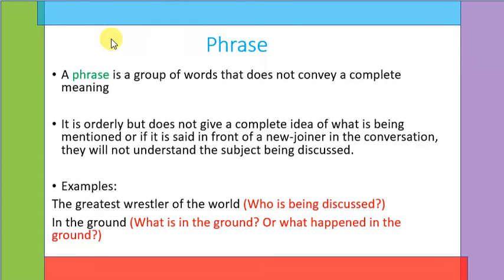A sentence gives us the true complete meaning of something that is occurring, something that has occurred, or something that will occur, while a phrase doesn't give us that meaning.